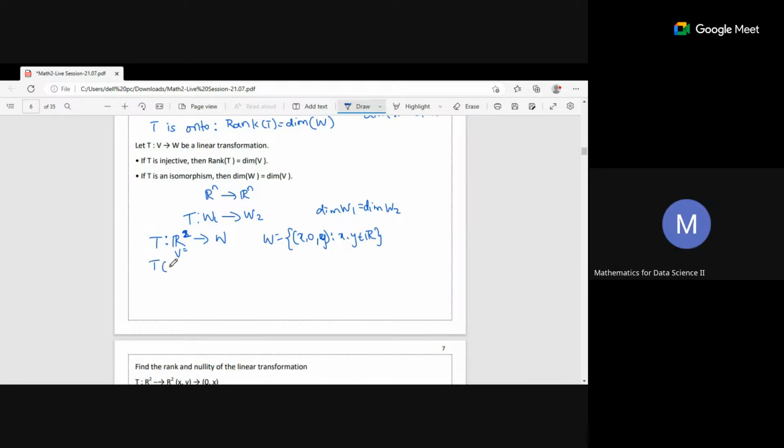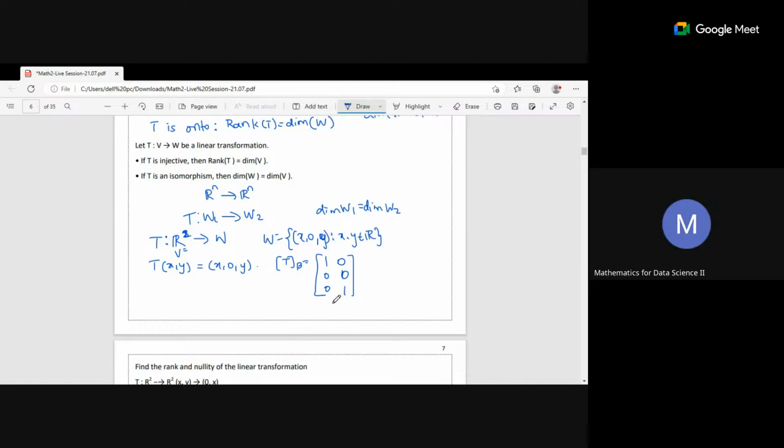Let us say T of (x, y) I am defining as (x, 0, y). So what is the matrix corresponding to the standard basis? It is 1 0, 0 0, 0 1.